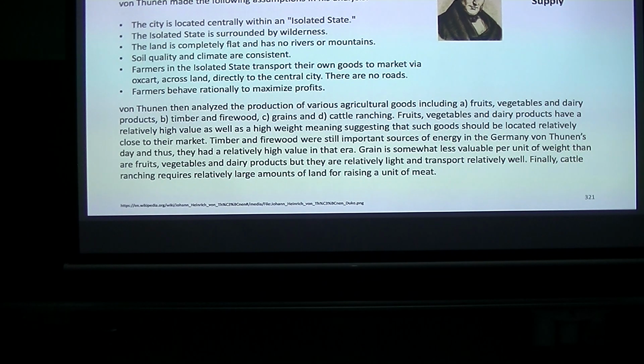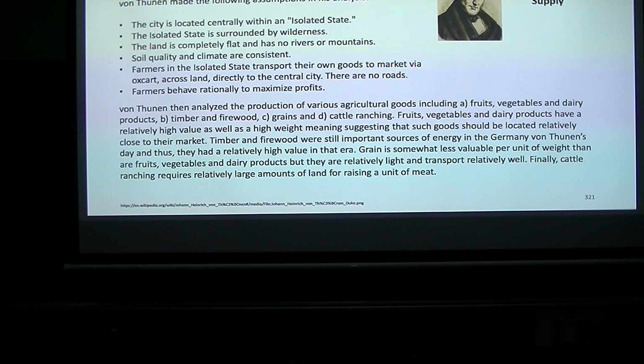So what he noticed there, that the timber and firewood are still important sources of energy. Grain is somewhat less valuable per unit of weight than fruits and vegetables. Dairy products are relatively light, and they transport reasonably well. Fruits and vegetables and milk are perishable.